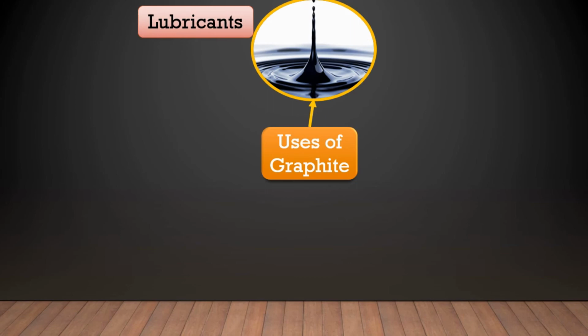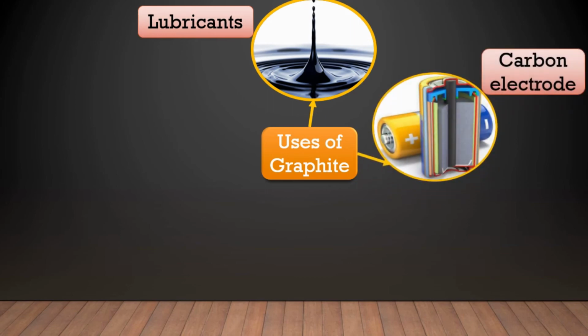Graphite bonds are formed of only 3 out of the 4 valence electrons of carbon, leaving the fourth electron to move freely. Hence, it is good conductor of electricity and it is used in carbon electrodes.